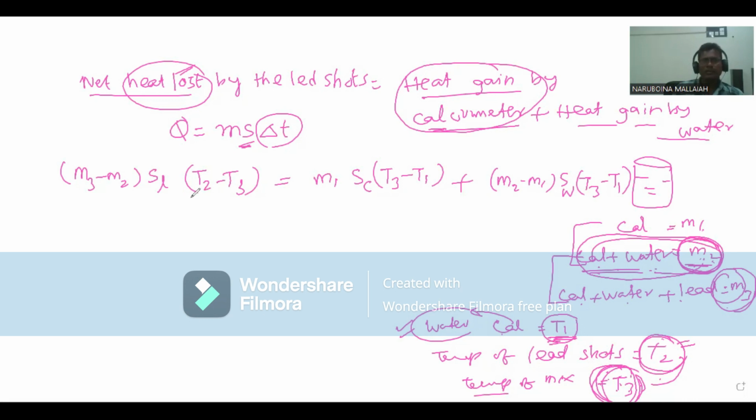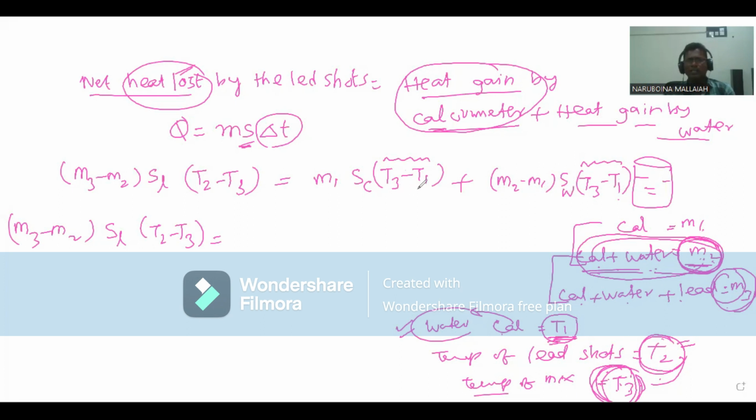Now we have to find out, M3 minus M2 into SL into T2 minus T3, that is equal to, if we carefully observe, M1 SC T3 minus T1, plus M2 minus M1 into SW T3 minus T1.